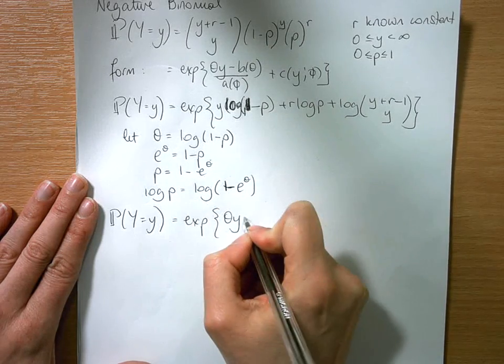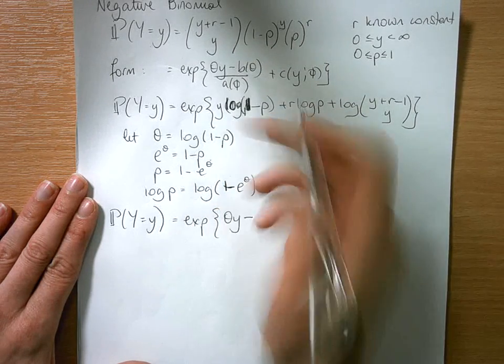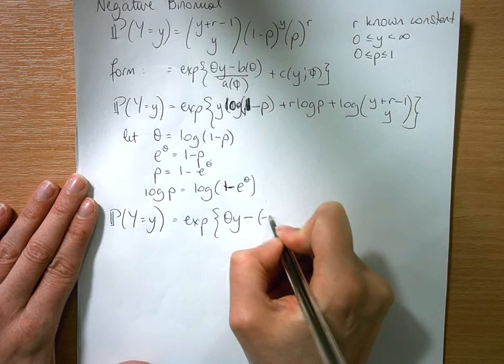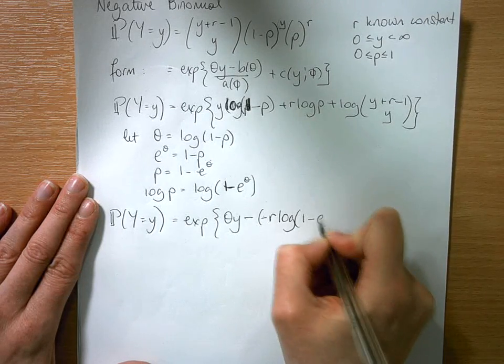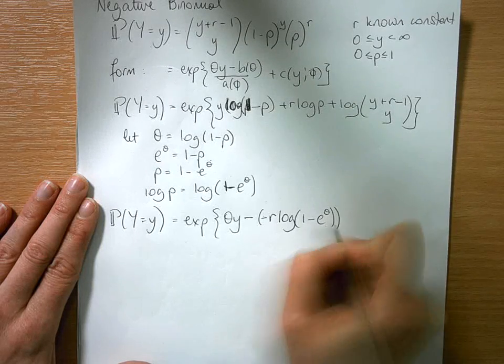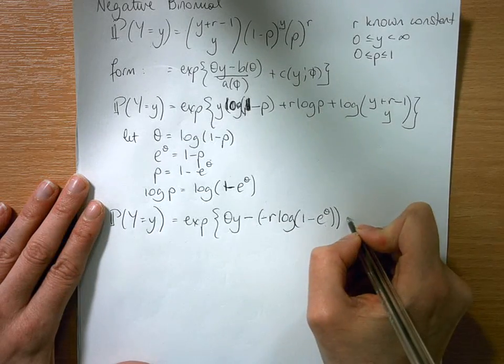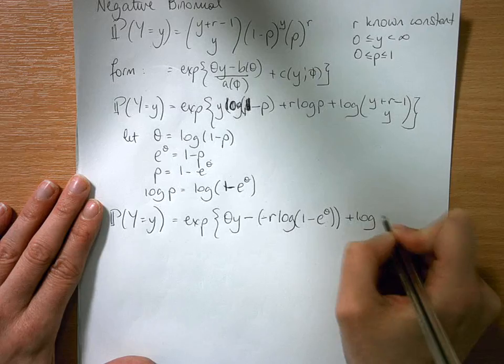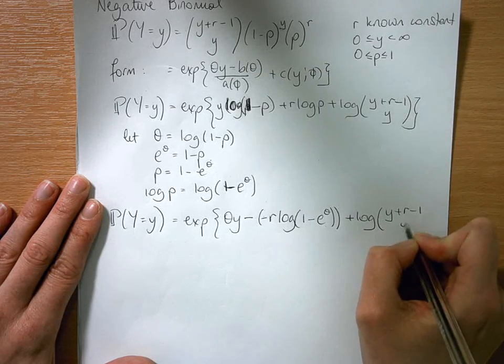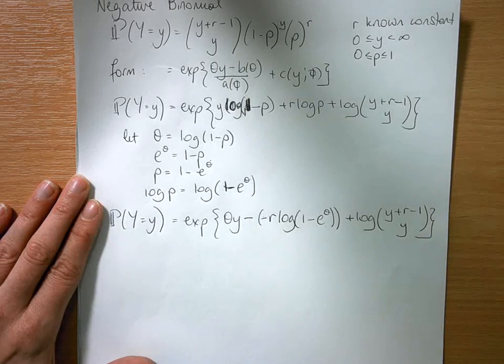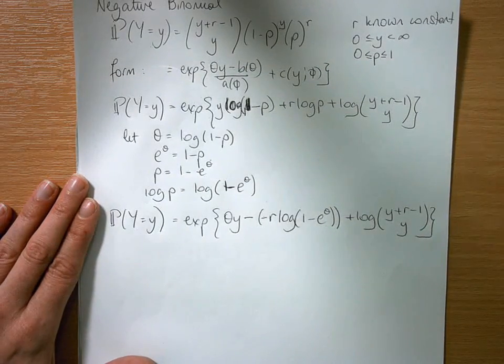That's that bit. We have to do minus because we want it in terms of minus. So minus r times log of (1 - e to the theta). That's my b of theta term. Plus log of (y + r - 1 choose y). And remember, r is a known constant.